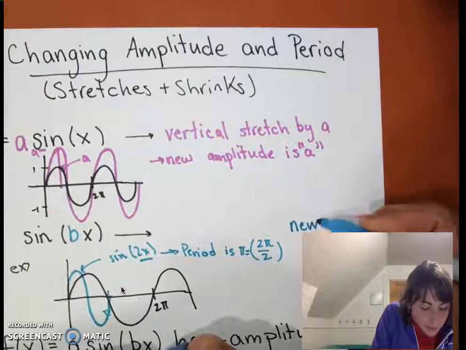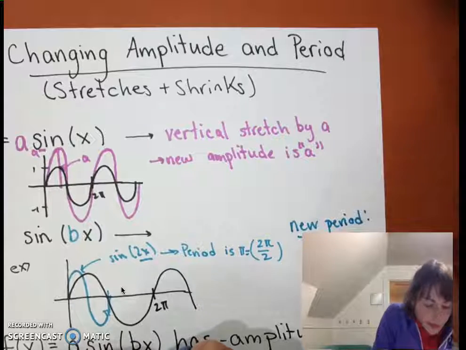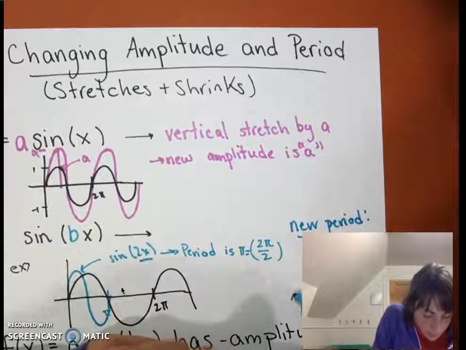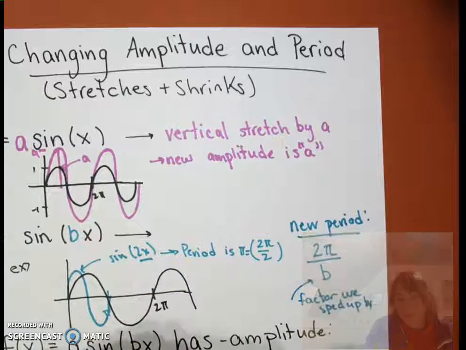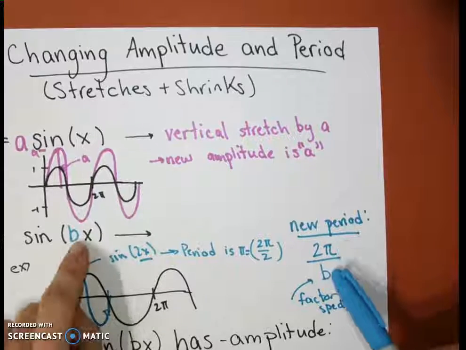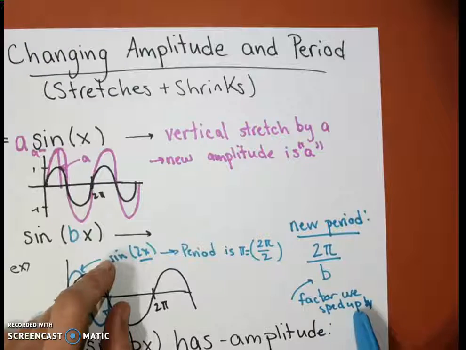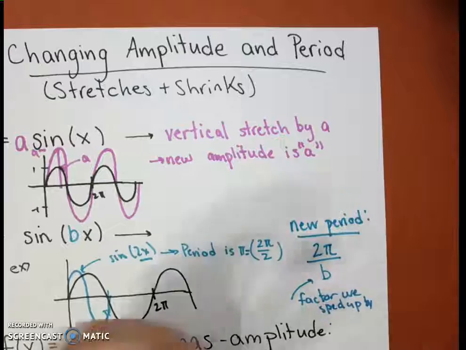The new period is 2 pi divided by b, because b is the factor we sped up by. The new period is 2 pi divided by this b. We divide by b because we sped up by that much. So we move that much faster, it takes us that much less time.